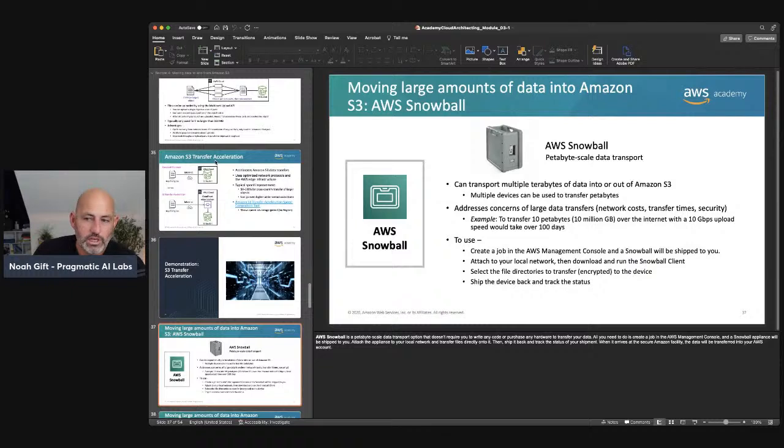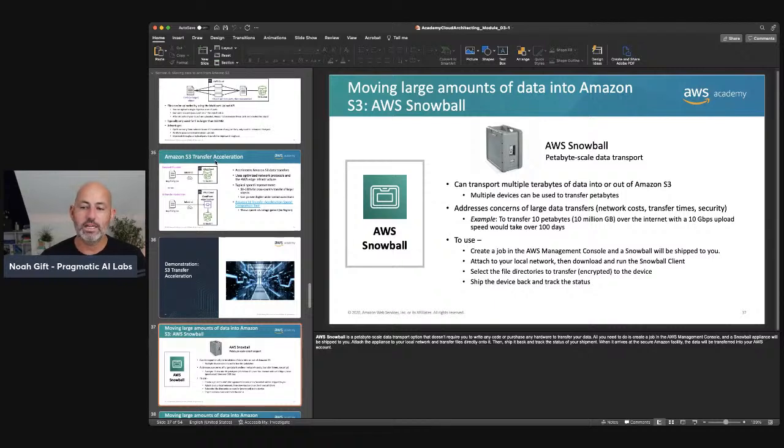Another thing you can do, which is not really known to many people, is AWS Snowball. I used this at a company that I worked at, where you have petabyte scale data transport. So essentially you take, let's say, 10 petabytes of data, and you put it onto the storage system, and then you ship it over to AWS.